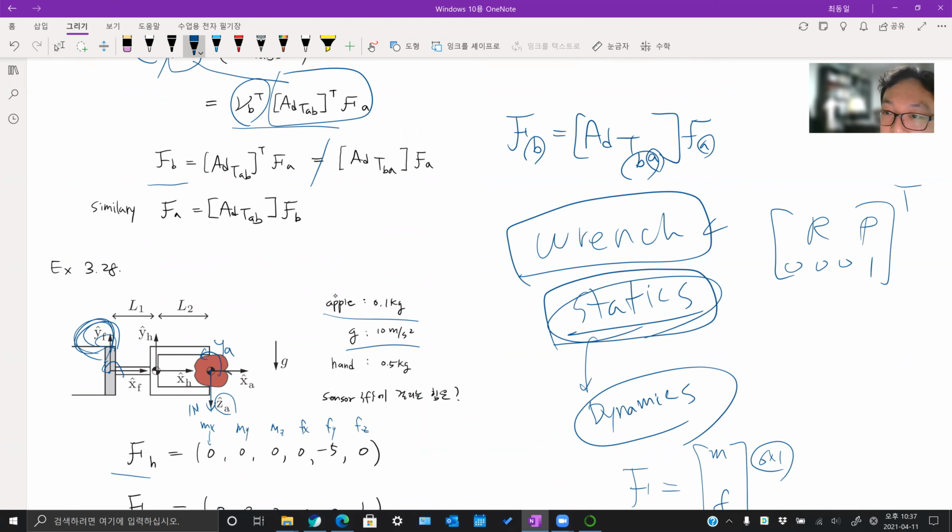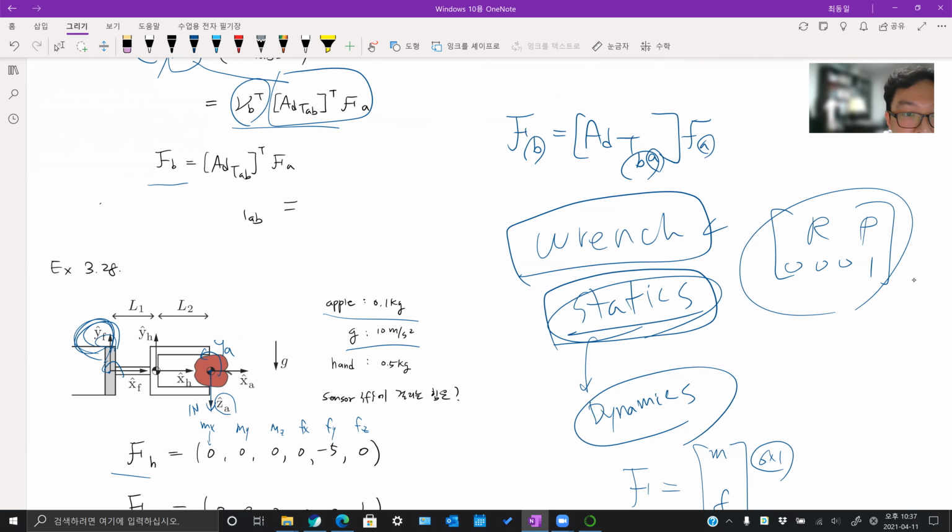So the transpose of this is not a homogeneous transformation, so it has no physical meaning. So it cannot go in here. That was my error. So this is not right, and this one is also not correct. This one should be like this. Okay, let's try again.